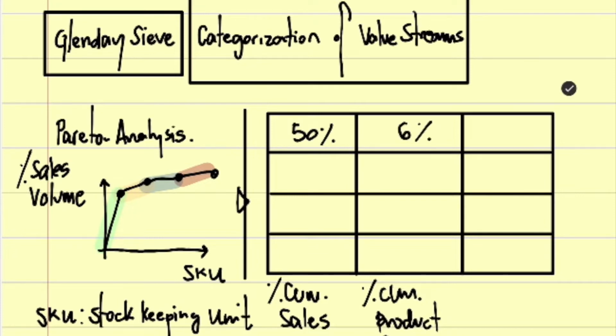So 6% of your products are going to mean about 50% of your sales. These products are of course very important, because 50% of the volume is concentrated in only 6% of your article numbers. These products are the green products.